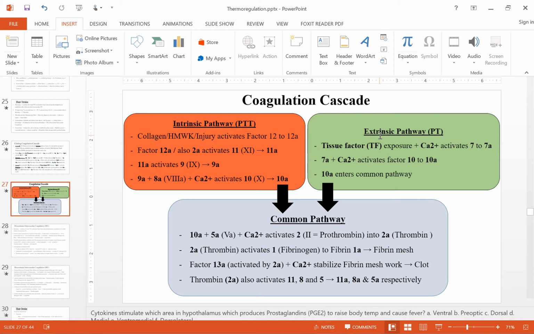And this simultaneous clotting and bleeding is basically called DIC, Disseminated Intravascular Coagulation.